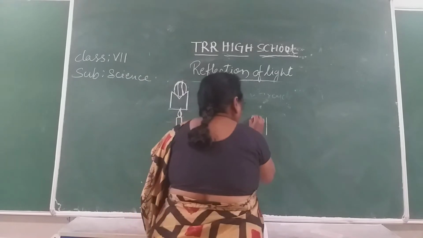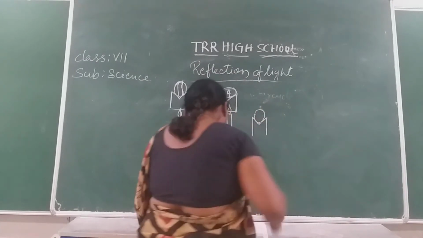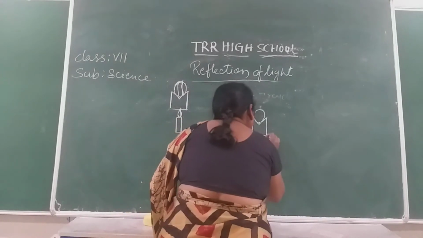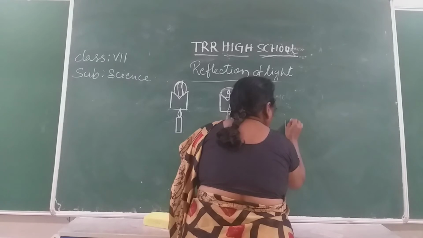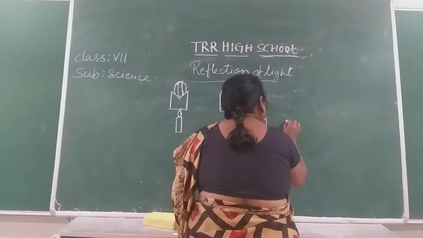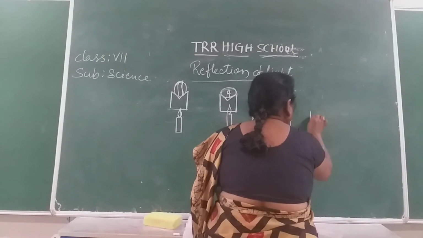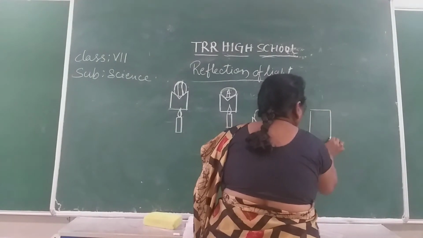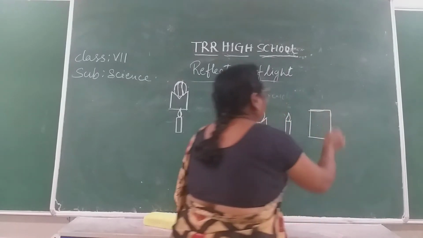Take a V-shaped stand with the mirror, fix the mirror. Now take a candle, keep it in front of the mirror. Now hold the screen, a white paper, in your hand. This acts as a screen.